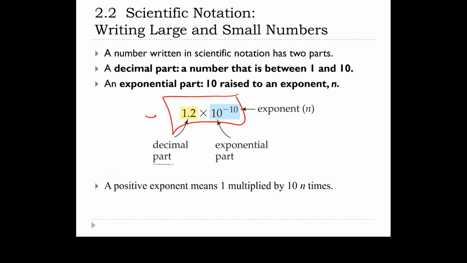So again, a positive exponent means you multiply the number by 10 that many times. A negative exponent means you divide by 10 that number of times. Okay?